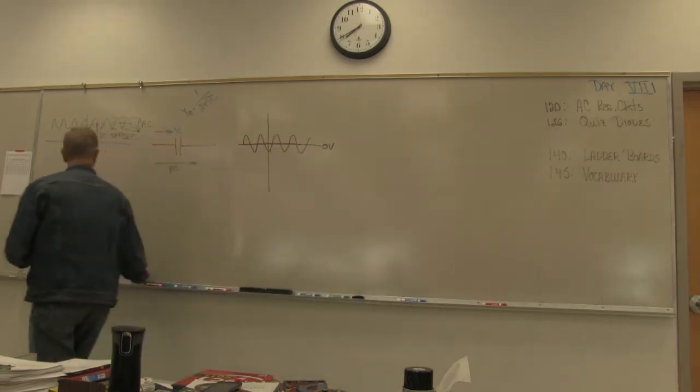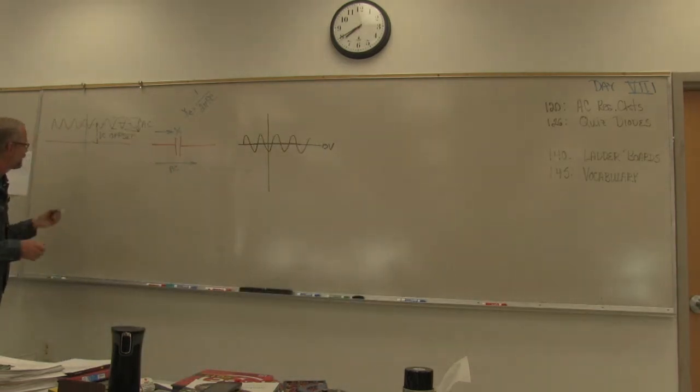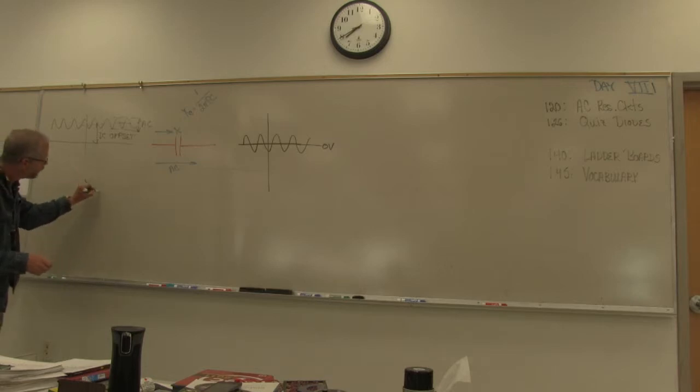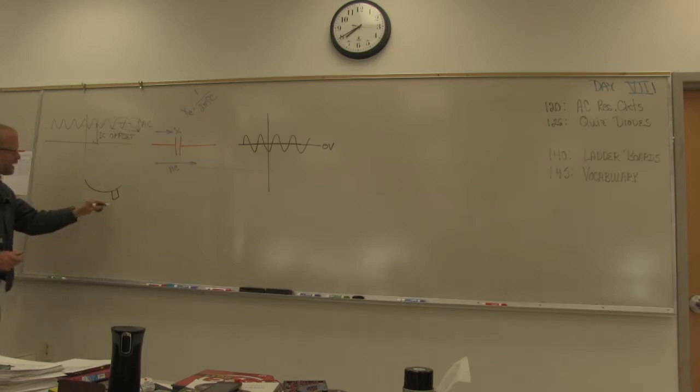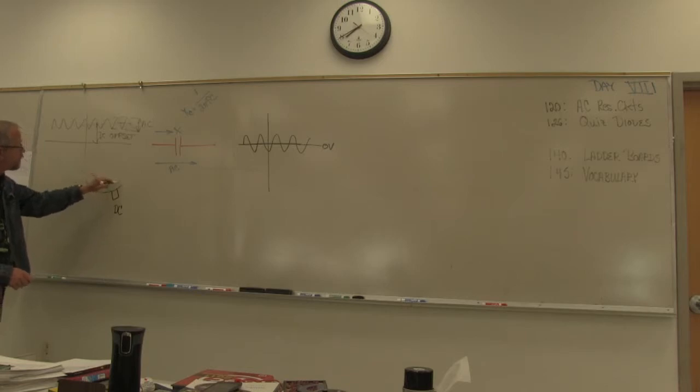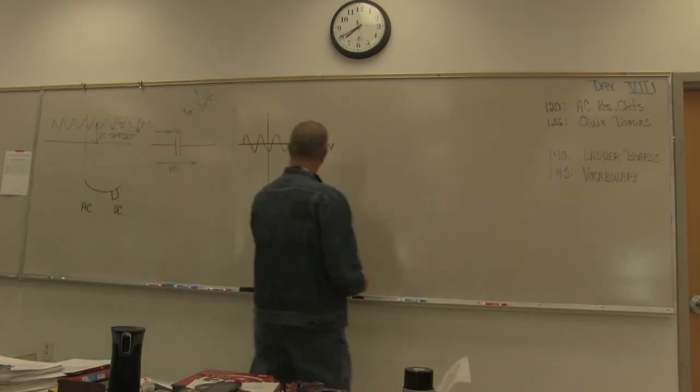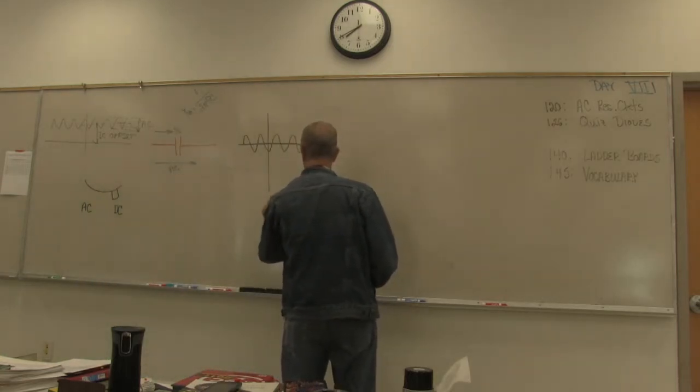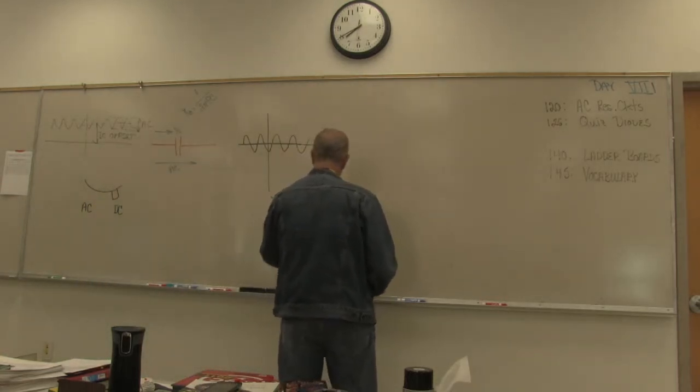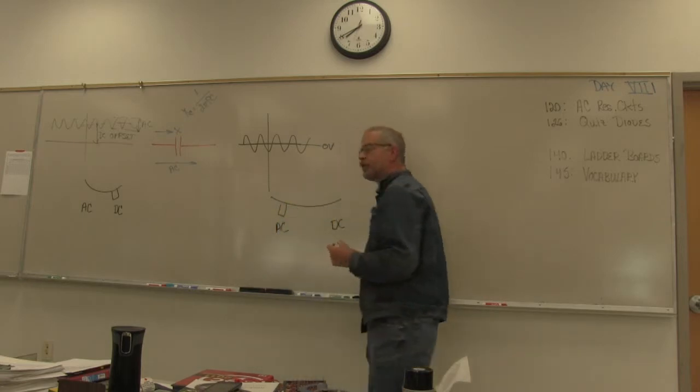This is something that you've probably seen, and it may look like I'm drawing a smiley face with a tongue hanging out of it, or a tooth. But what that is, is the DC setting on your scope versus the AC setting on the scope.